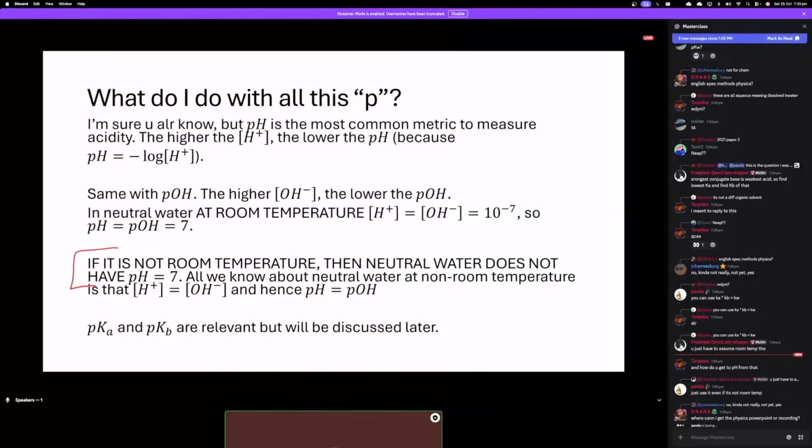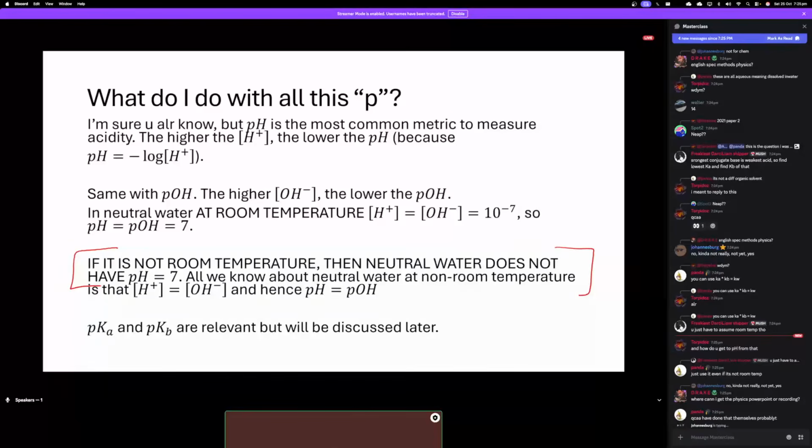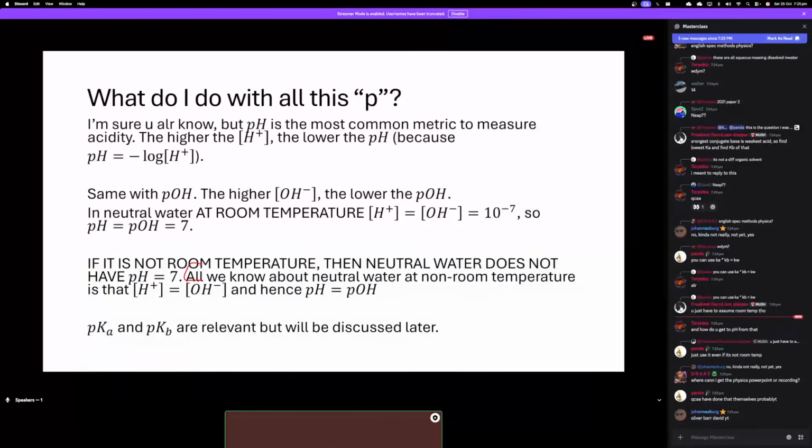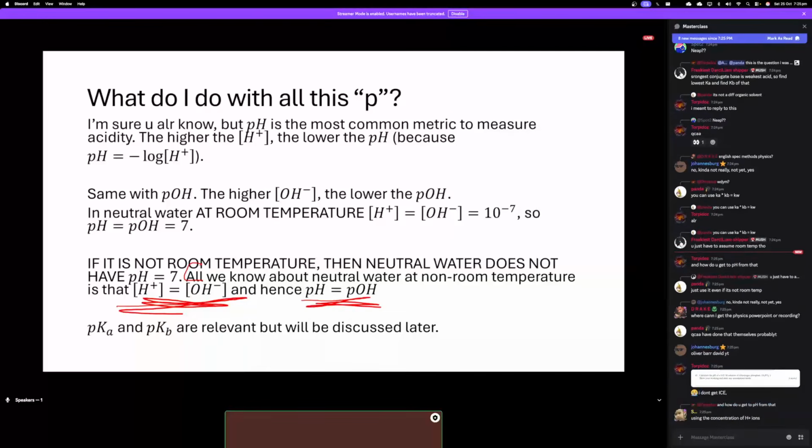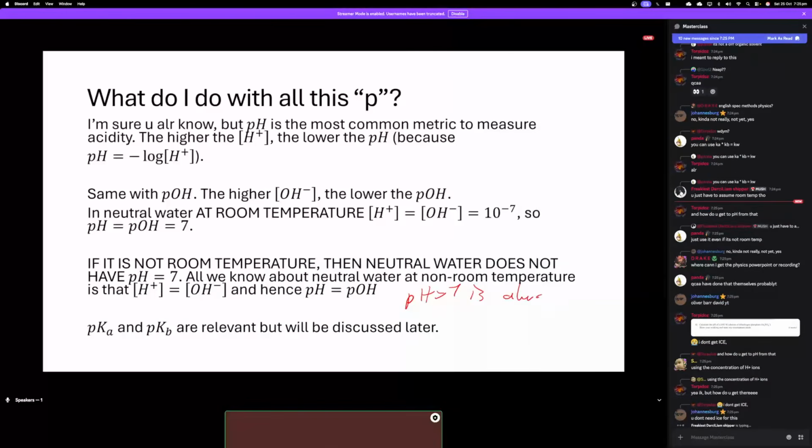If it's not room temperature, neutral water does not have a pH of 7. All we know is that for neutral water, the concentration of H plus equals the concentration of OH minus, thus pH equals pOH, right? If it is not room temperature, these are true, but pH equals 7 might not be true. A lot of people think pH equals 7 is always neutral, but that is only at room temperature.